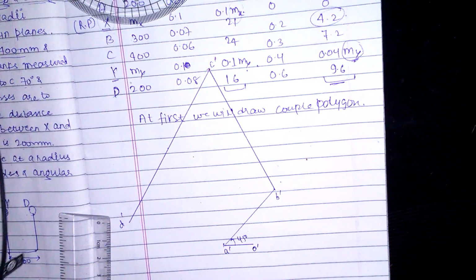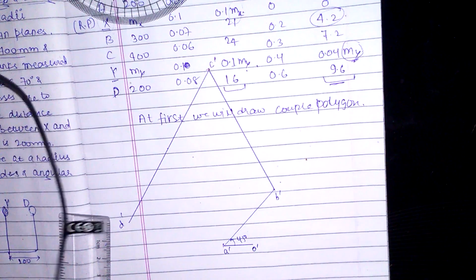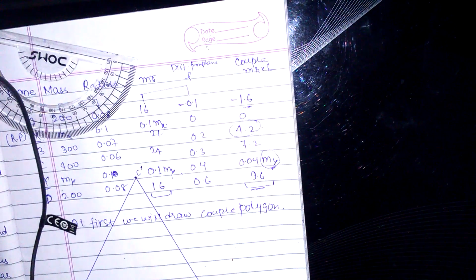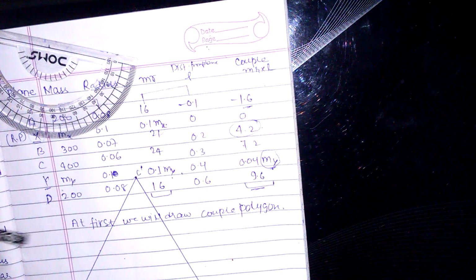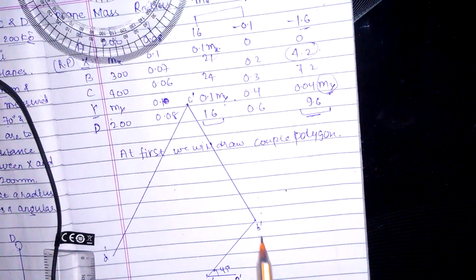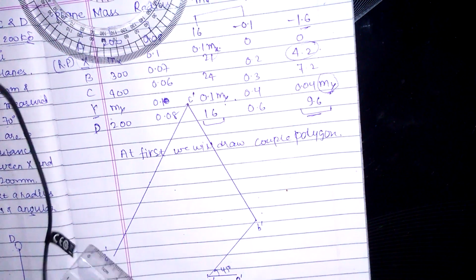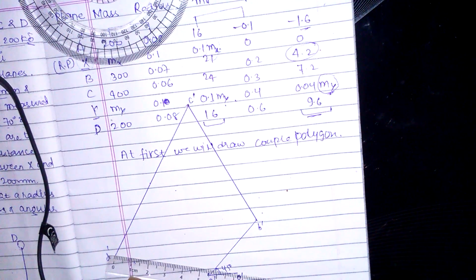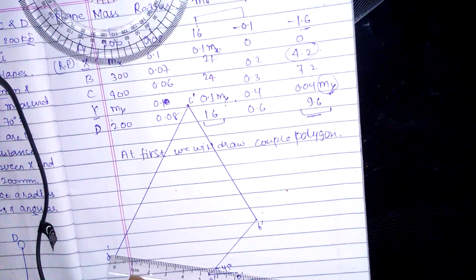Now after drawing this diagram, here we come to the place D dash. So there are no more values remaining to draw lines. So here it will be a closed polygon to be balanced. So O dash and D dash will meet and we will find something.